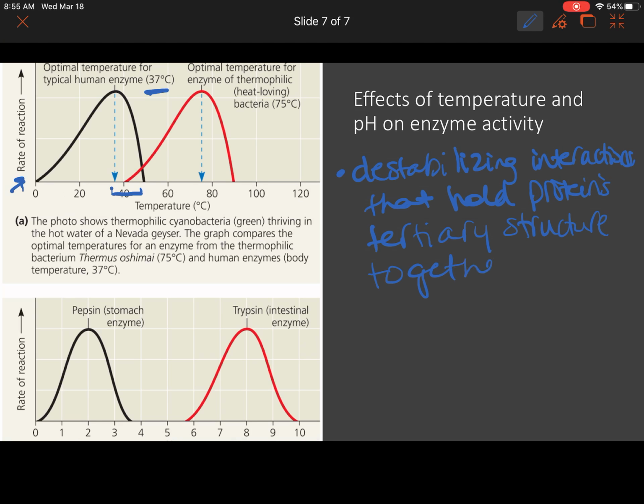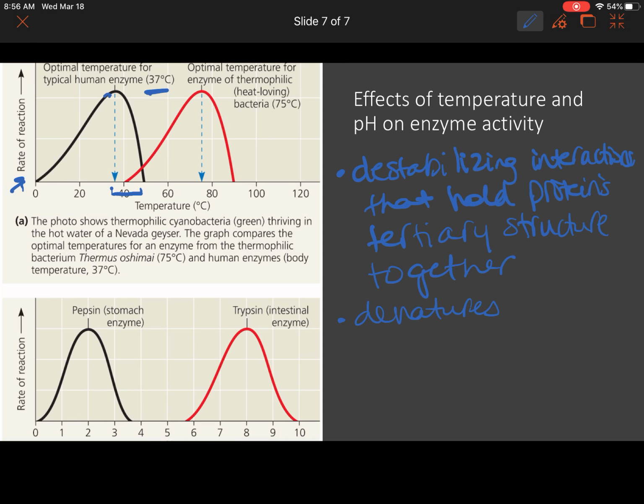So those hydrogen bonds, those ionic bonds, they cannot hold the protein together at higher temperatures. What happens at higher temperatures? Things are moving faster, there's more energy, can't hold those bonds together, and so the tertiary structure is going to fall apart. It's going to unfold. And when a protein denatures, okay, it cannot do its job.